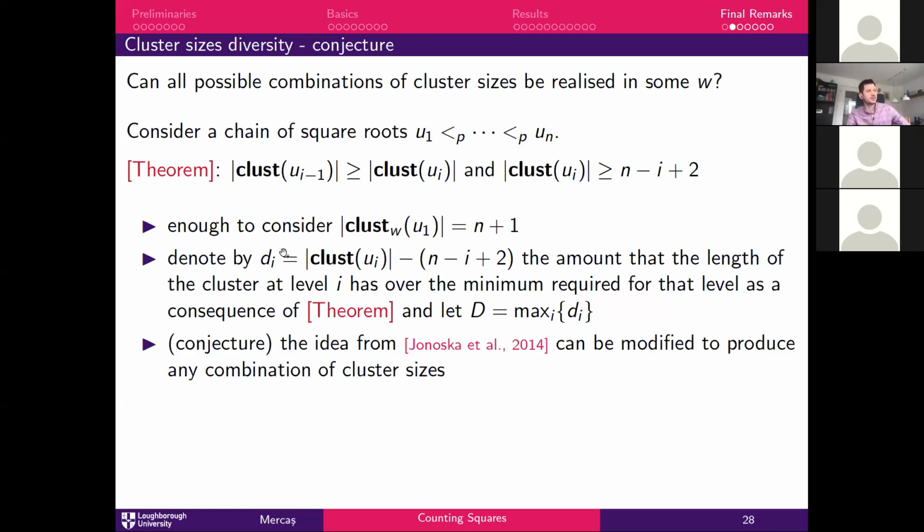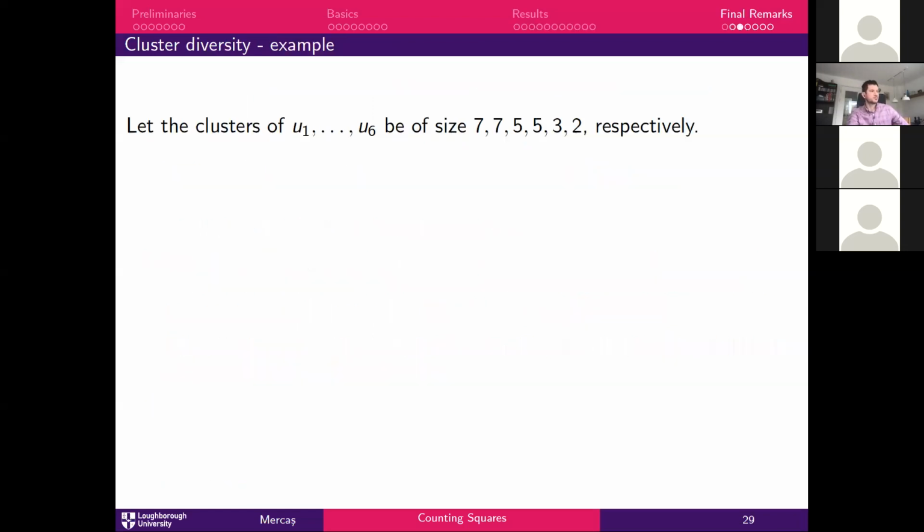And the idea is that you can look at the difference between the maximum length of a cluster and the length that it actually has, and then use a modification of the second construction that I showed on the previous slide and get these combinations. So for example, if I want to get clusters of size 7, 7, 5, 5, 3, 2, I'm going to look at the differences between their maximum.